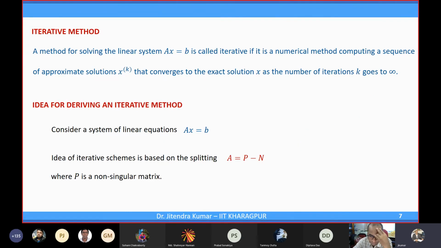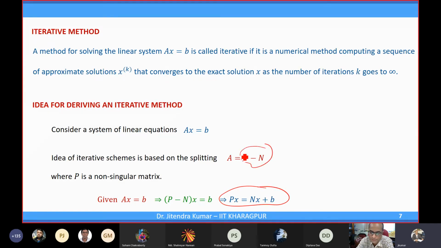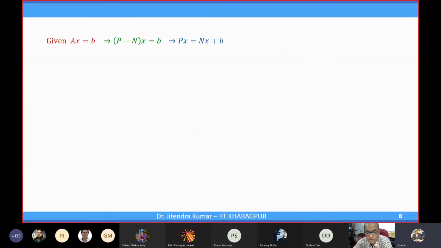Once you have split it in such a way that P is a non-singular matrix, the given system Ax = b is now (P - N)x = b, or Px = Nx + b. This is our system now. It is the same system, just splitting the matrix A, we got Px = Nx + b.